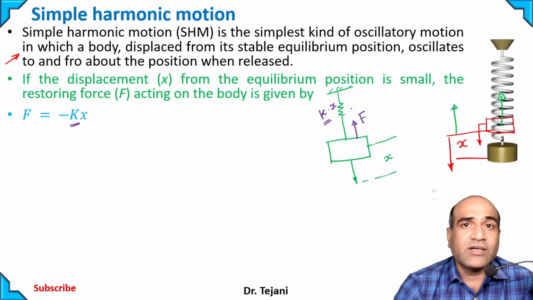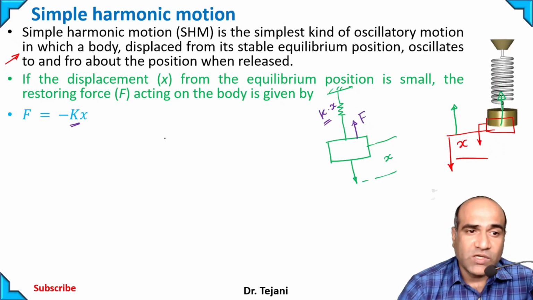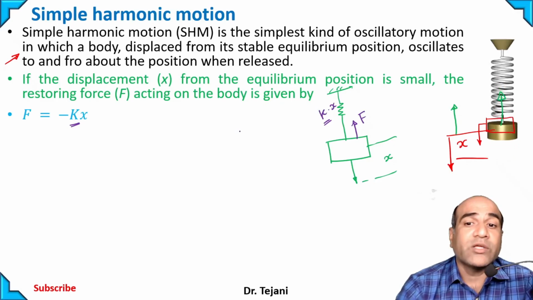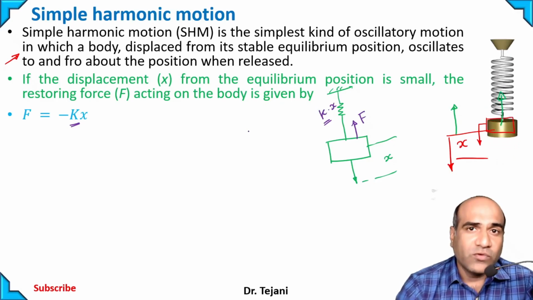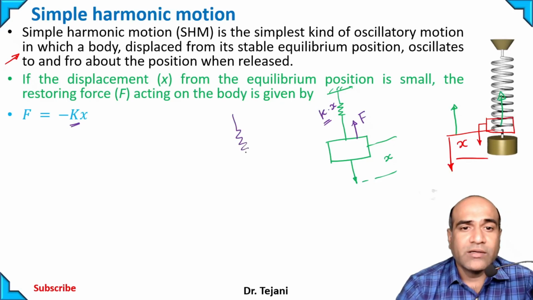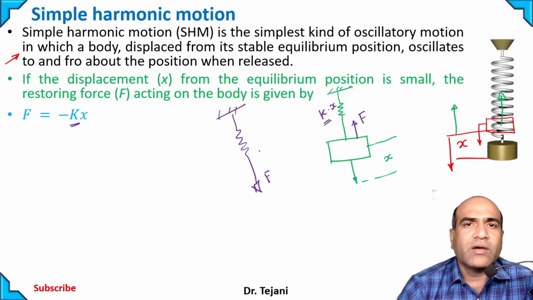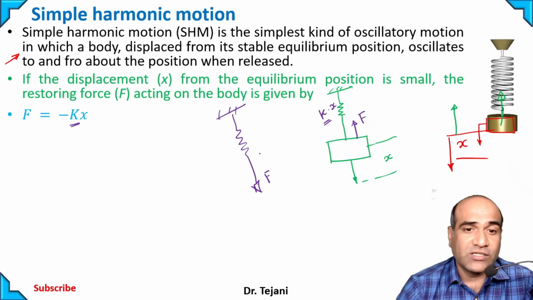K is a spring constant, and the spring constant means the force required per unit displacement, the force required to stretch this spring per unit distance.